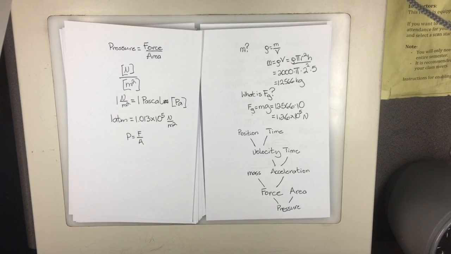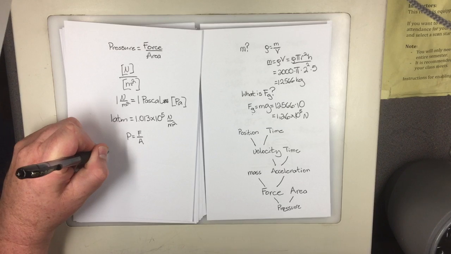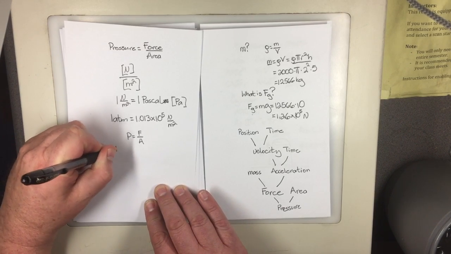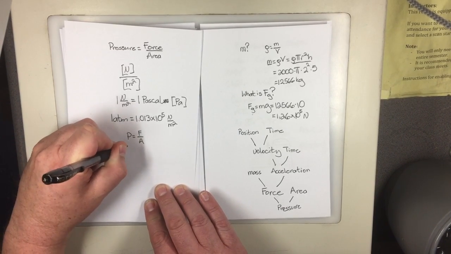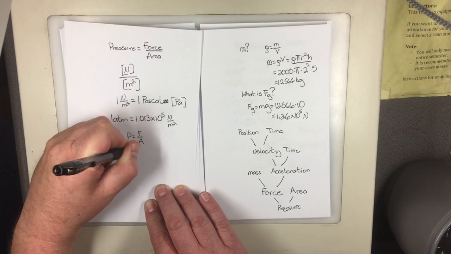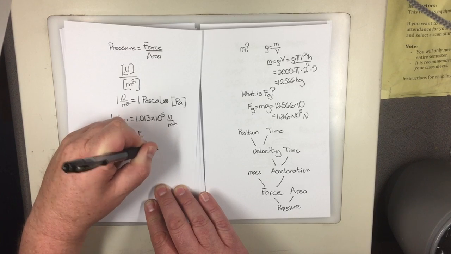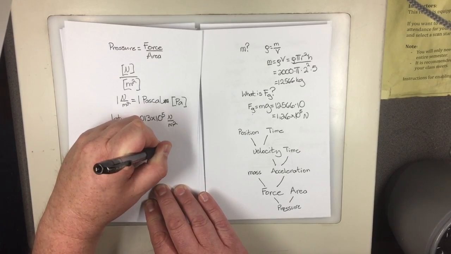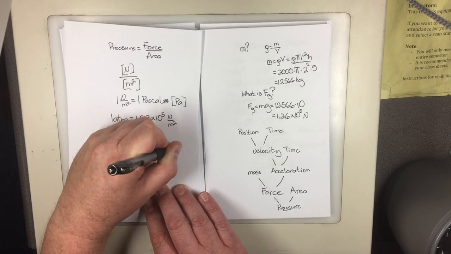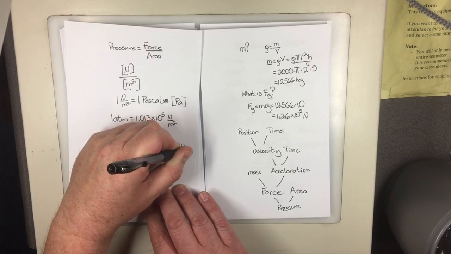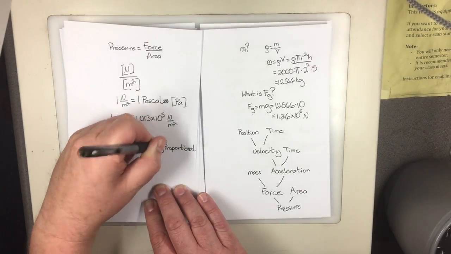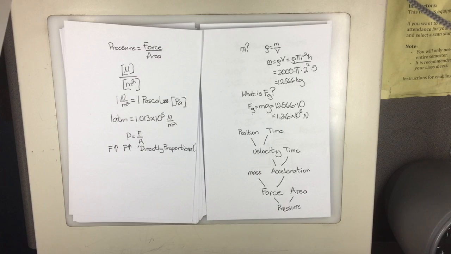And we're starting to introduce the idea that if force increases, pressure increases. This introduces the idea of directly proportional. If you double the force, you double the pressure. Triple the force, you triple the pressure.